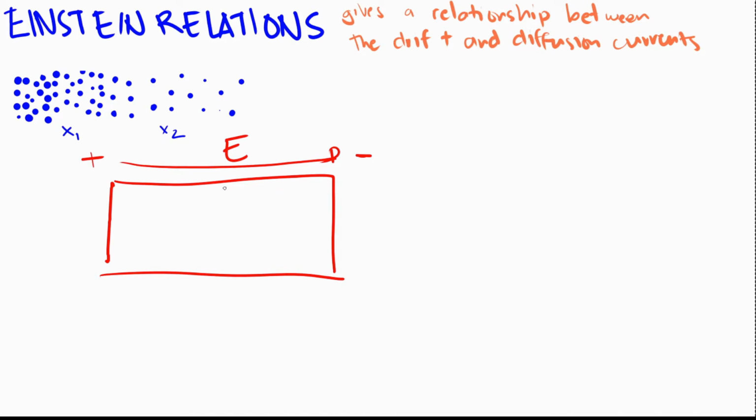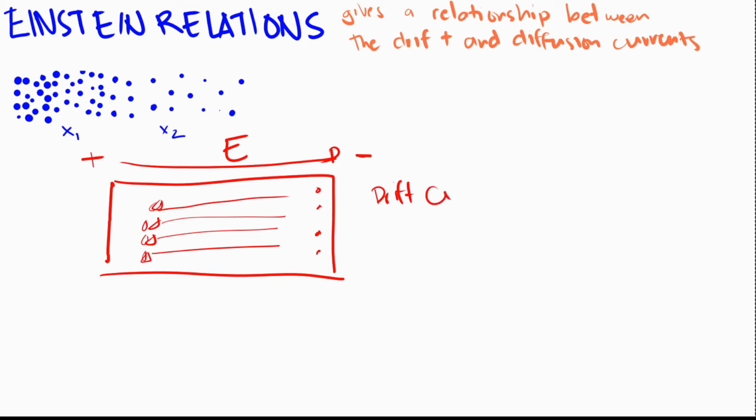This electric field will then cause electrons in our material to drift towards the positive side, or opposite the direction of our electric field. So we'll produce a drift current. Drift current is produced by your electric field.